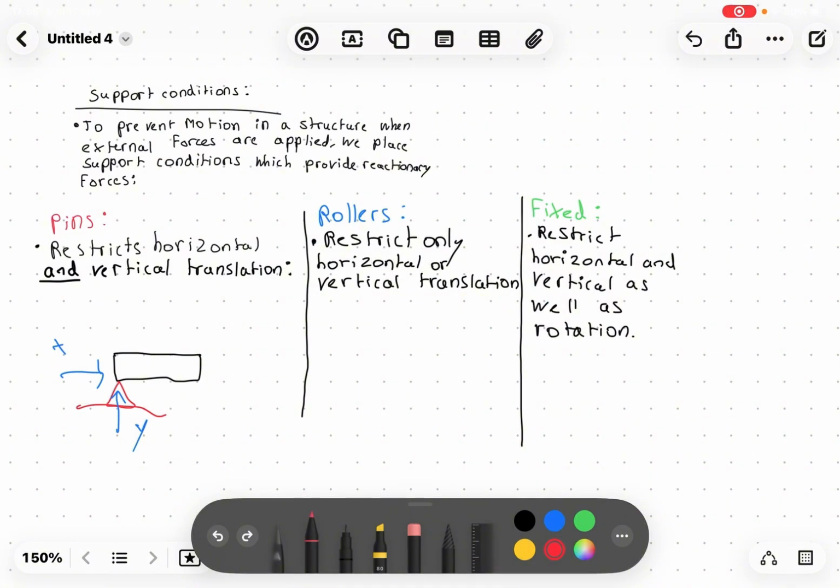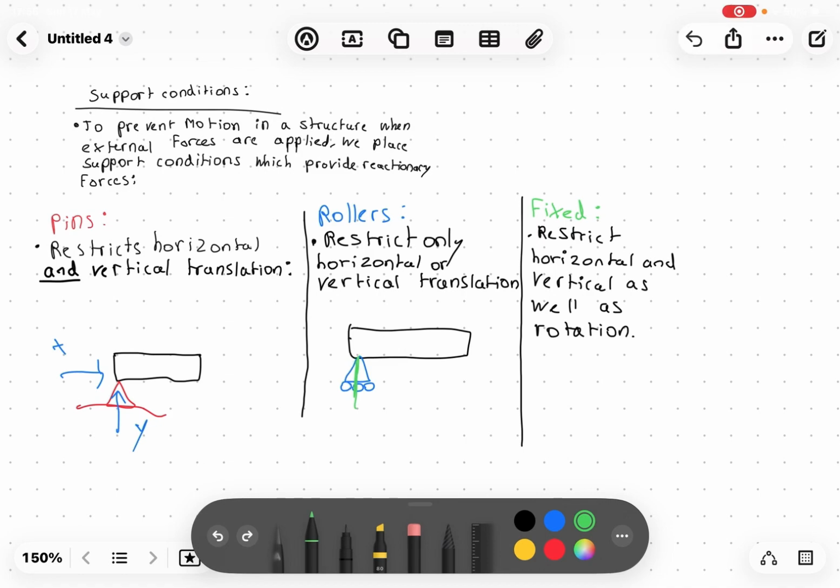Then we have the rollers. The rollers can be a circle, or most of the time they look like this, and they only apply force upwards.